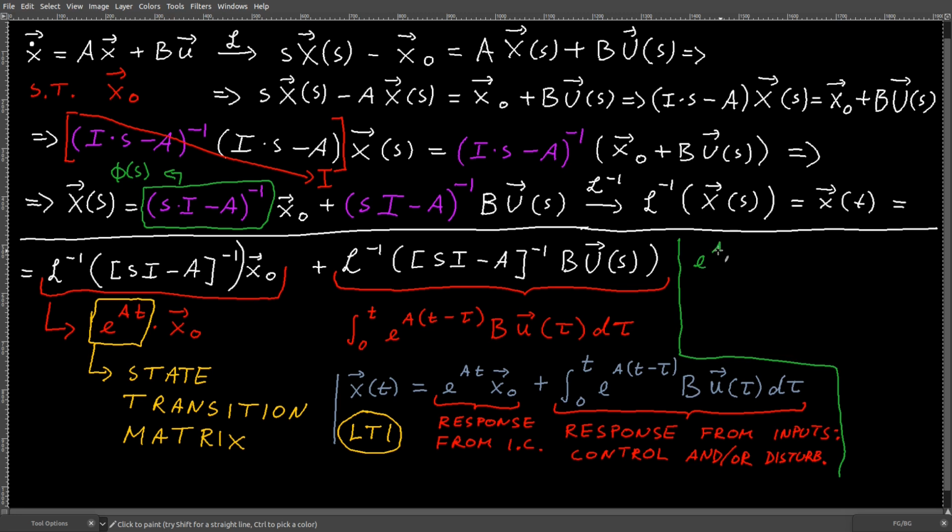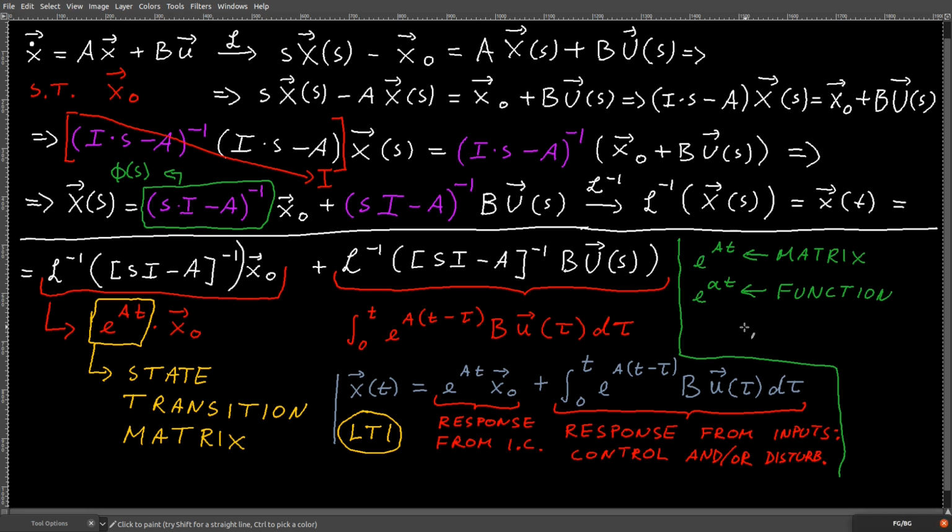Now, the state transition matrix looks very much like e to the power of a times t, where a is some constant. But remember, this is an actual matrix, and this is simply a function. And you will see that in this matrix, each element will be a function that will depend on time.